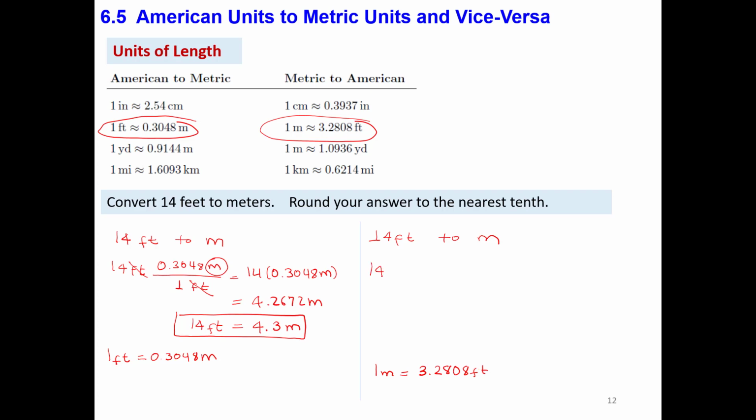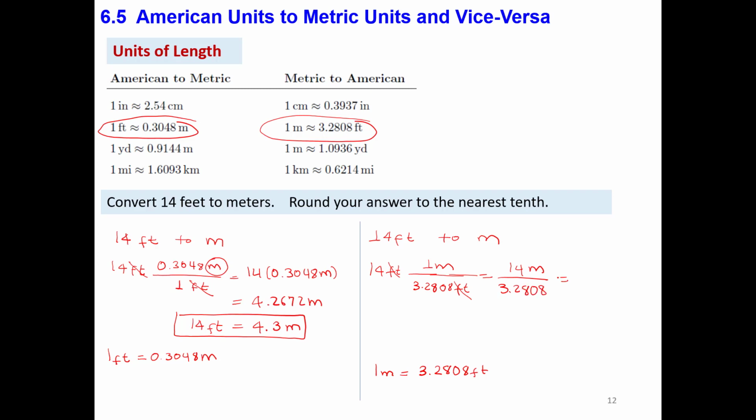And now we want the answer in meters, so we need to write this one in the denominator to cancel out, to simplify out the feet. And the unit we want is meters. Then this cancels out. And finally we have 14 meters over 3.2808.